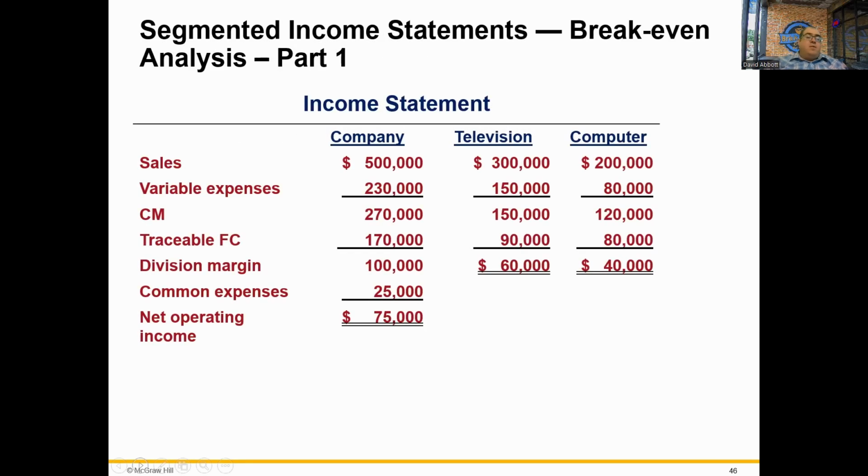So to demonstrate how to calculate company-wide and segmented break-even points, let's refer back to the company-wide income statement segmented into the television and the computer divisions.